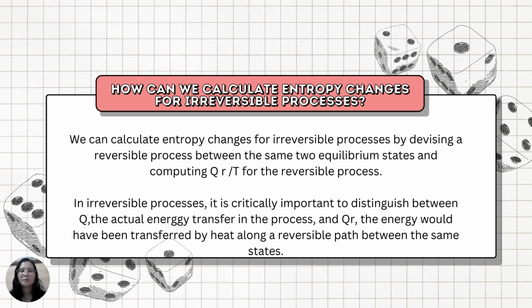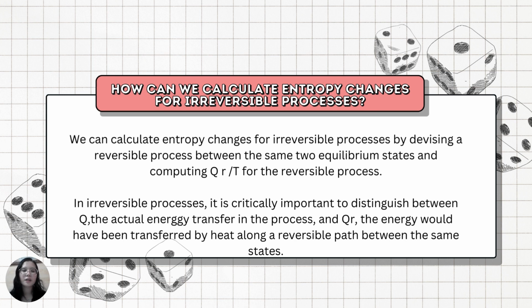So this equation describes the ratio of an infinitesimal amount of heat transferred reversibly to the temperature. This ratio is indicative of the infinitesimal change in entropy associated with an infinitesimal heat transfer at the specific temperature.